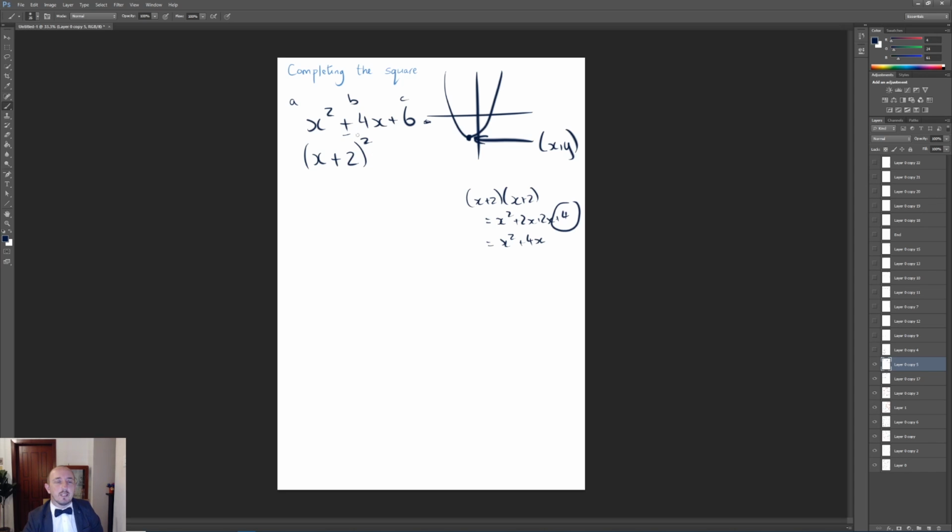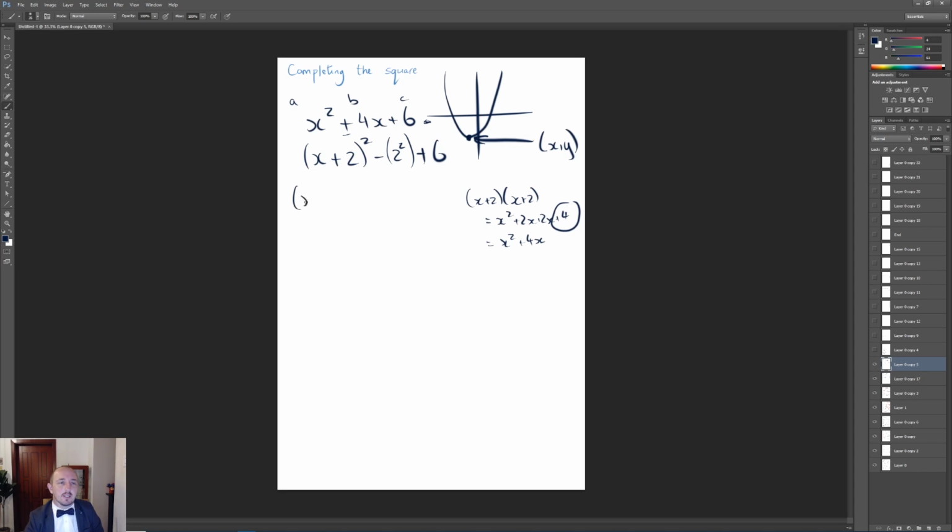So whenever we complete the square, we just subtract. We always subtract, even if it's a minus in there, we always subtract 2 squared. Whatever that number is, we always subtract it squared. That's the whole completing the square bit, because by subtracting that, we've balanced it out. But we still have this plus 6 here that we've got to deal with.